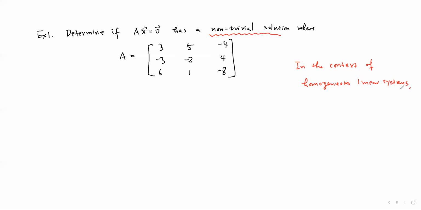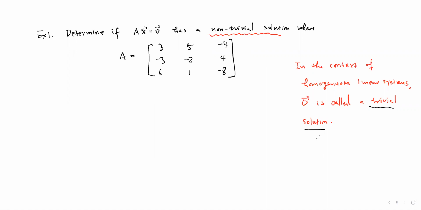We know that every homogeneous linear system has 0 as its solution. 0 is called a trivial solution. Trivial solution is a term only for homogeneous linear systems.